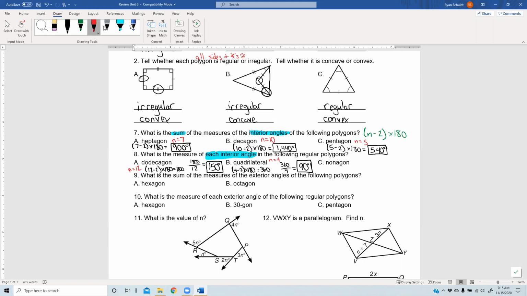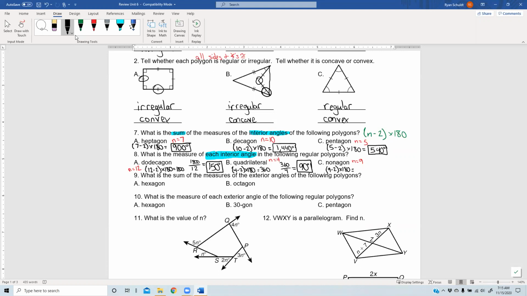So C, we have a nonagon. How many sides does a nonagon have? 9. So I'll come in here and say 9 minus 2 times 180. And that would be a number I'm not quite sure on.